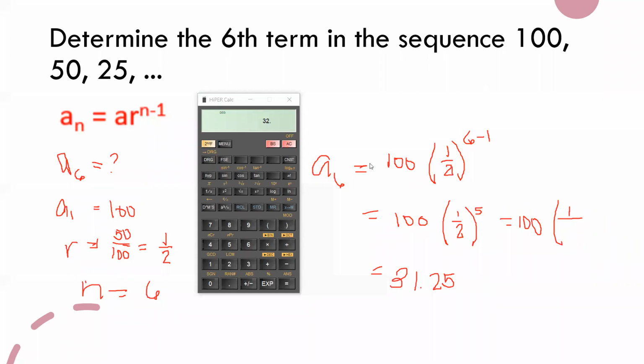So we have 100 over 32. Papayagan ko na lang to, i-lowest term nyo na lang. It can be divided by 4, that is 25 over 8. Okay na po yan.